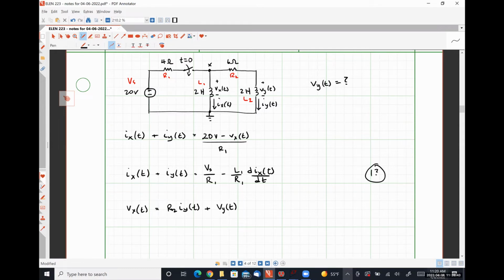And now we're obviously going to need to express both of these voltage drops, Vx and Vy, in terms of the inductor currents.